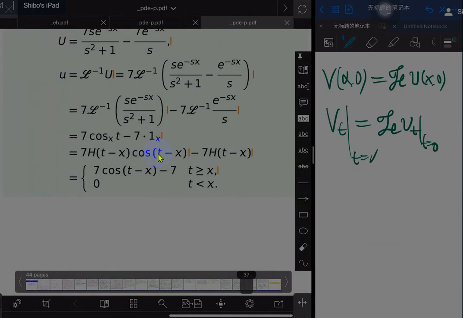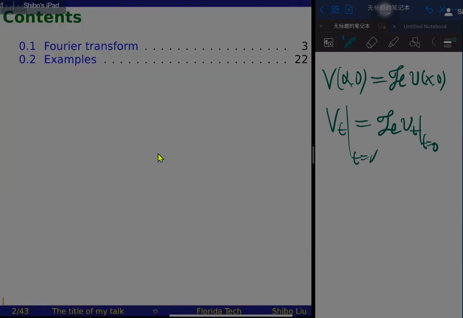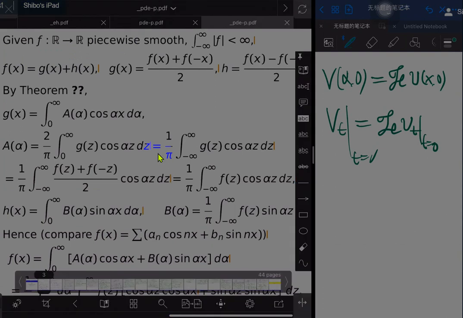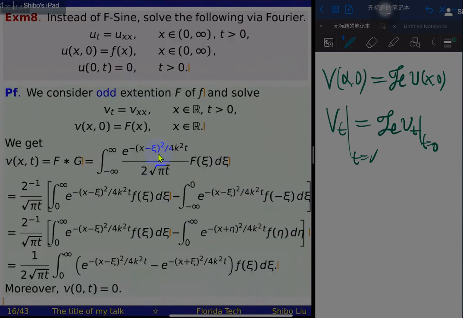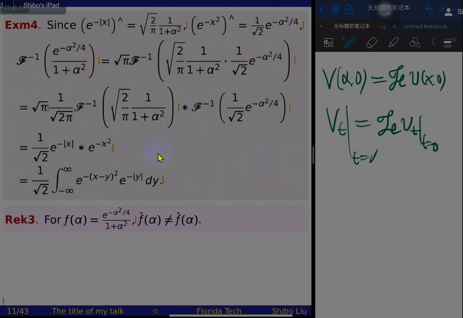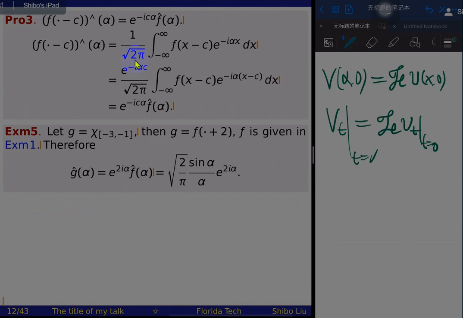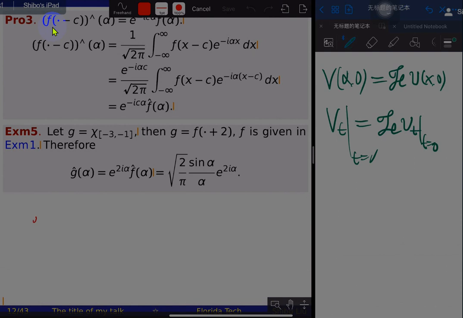Let me check. Yes, long ago. Yes, this property. Applying to f(alpha minus c) equals e to the minus i c alpha times F(alpha).